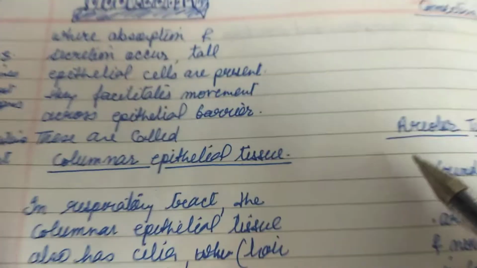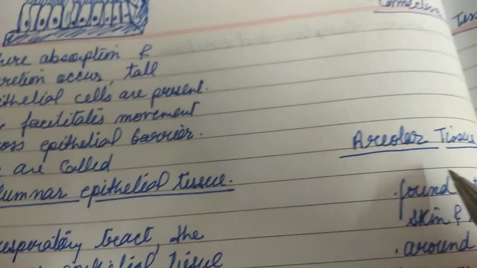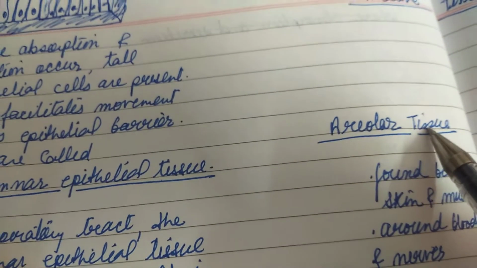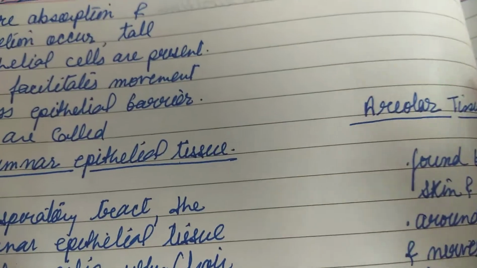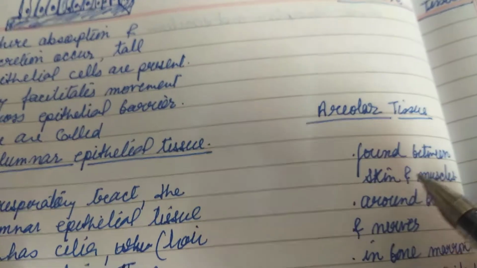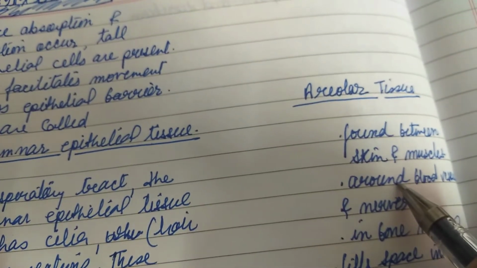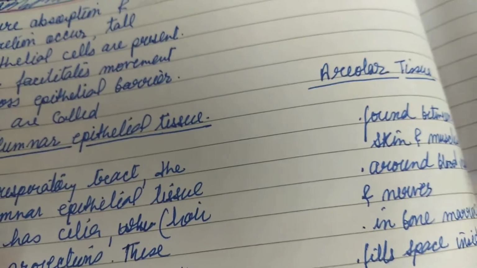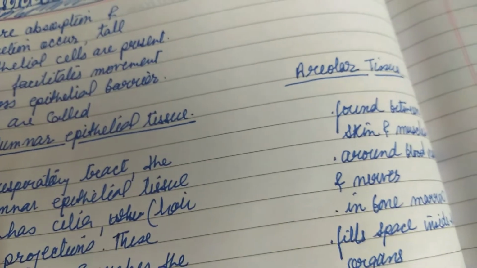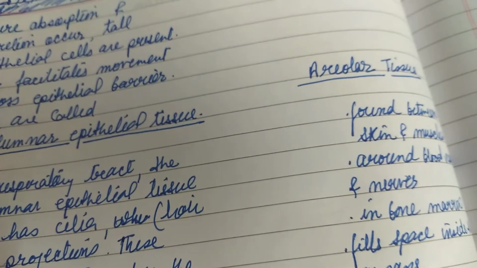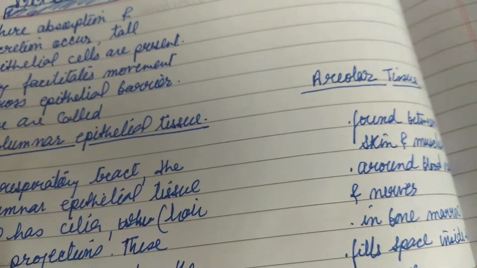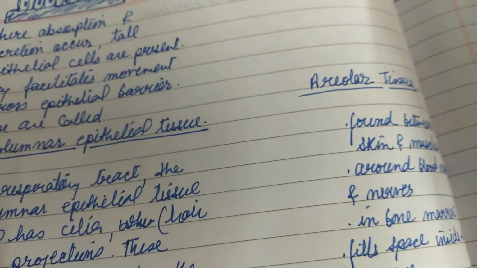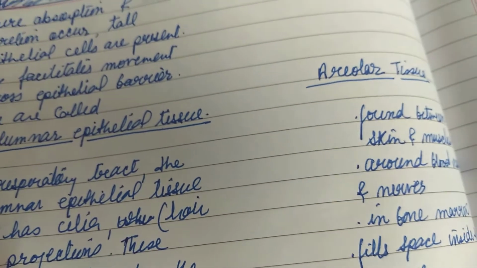The next connective tissue is areolar tissue. Where is it present? It is between the skin and muscles, where there is a space. Basically they are present where there is a space in the body, to fill that space, like between skin and muscles, around blood vessels, around nerves, and in bone marrow.